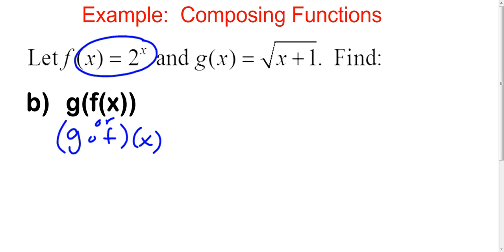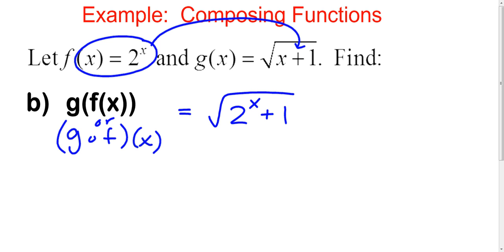So right now my domain is just from -infinity to positive infinity. But then I go ahead and I plug it in here, and I have 2 to the x power plus 1. Okay, and now you need to think about, now that it's underneath a radical, do I need to place more restrictions on it?